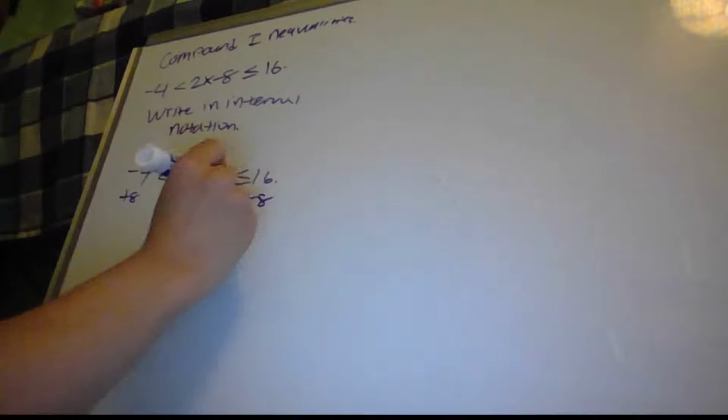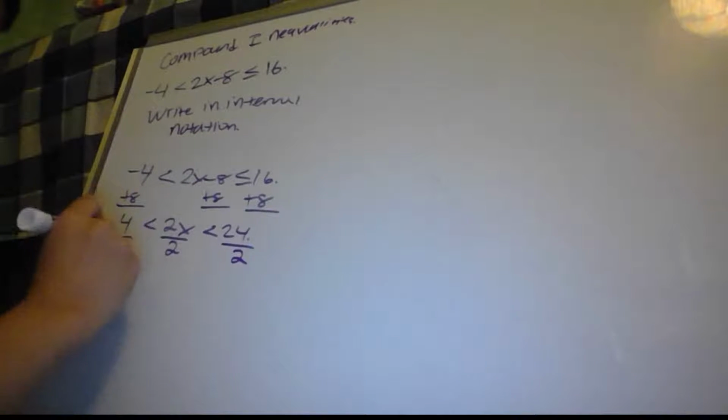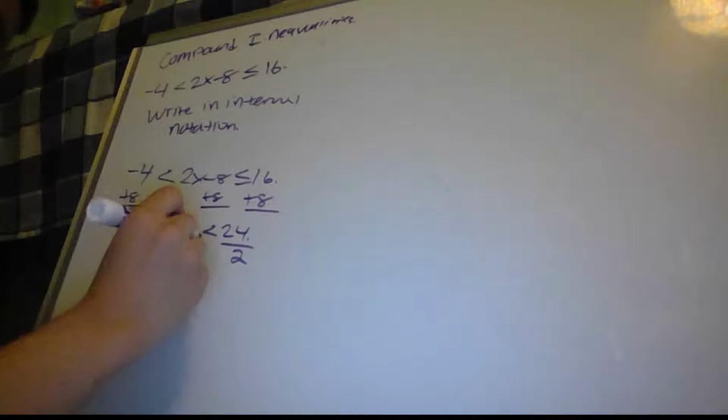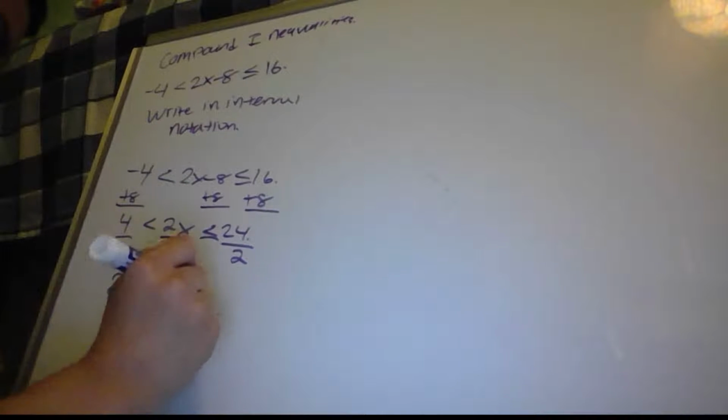We're going to add 8 on all these parts, okay? This is 4 is less than 2x is less than, how much is that, 24? So then we're going to divide by 2. We get 2 is less than x is less than or equal to 12, right?